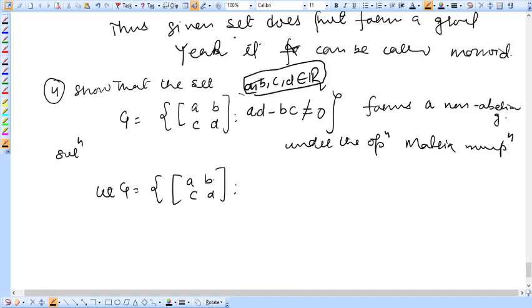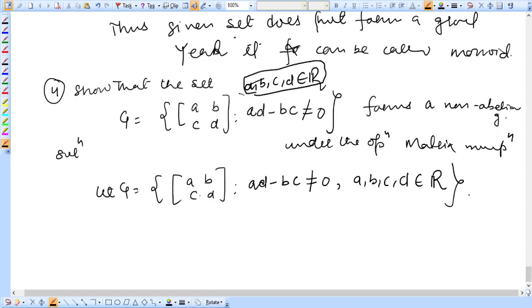So here G is equal to ABCD, where AD minus BC is not equal to 0. Also A comma B comma C comma D belongs to set of real number, right?